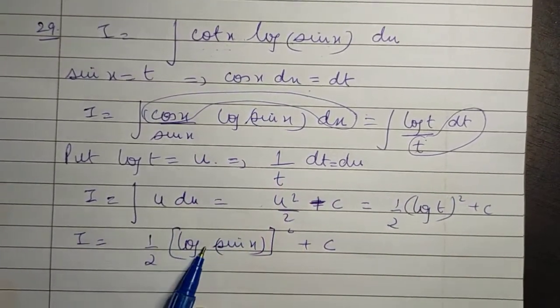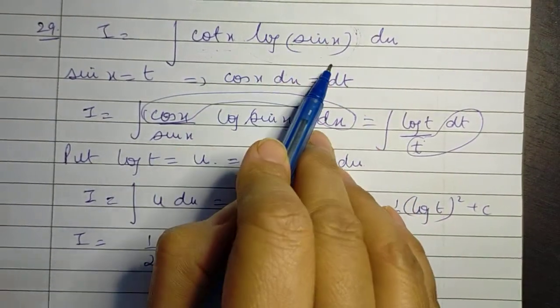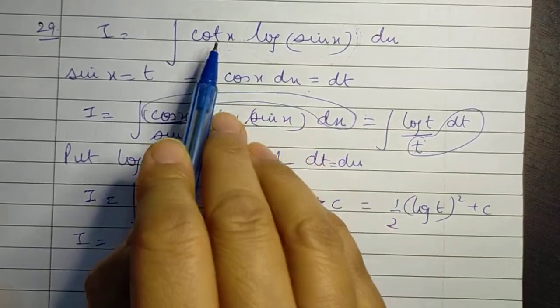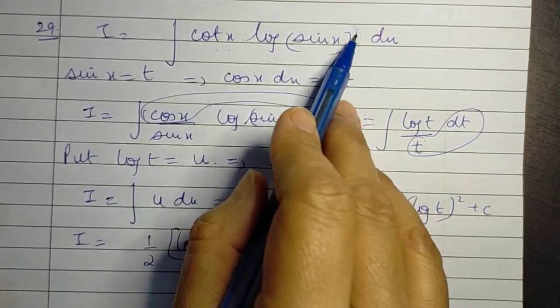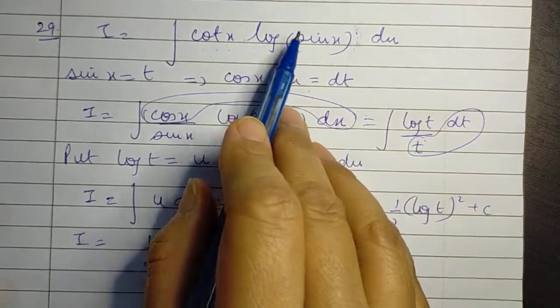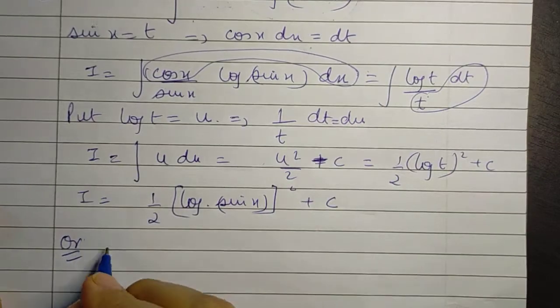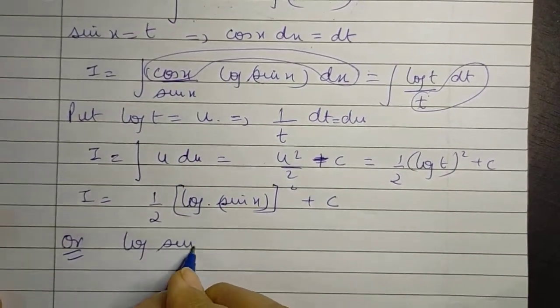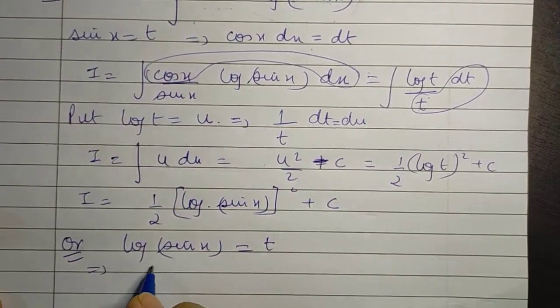Same thing we could have done by putting this entire thing as t, because we know that integral of cot x is log sin x. So obviously derivative of log sin x would be cot x. So let's see how. Now you put log sin x as t. So what do we get?